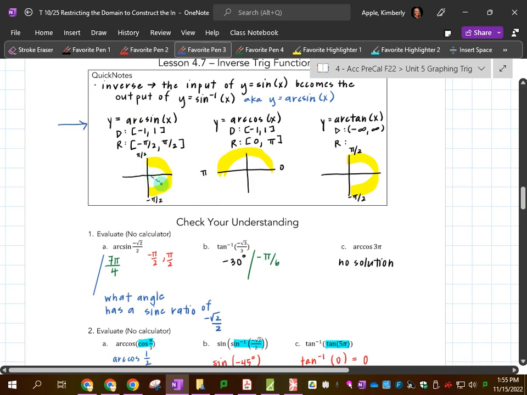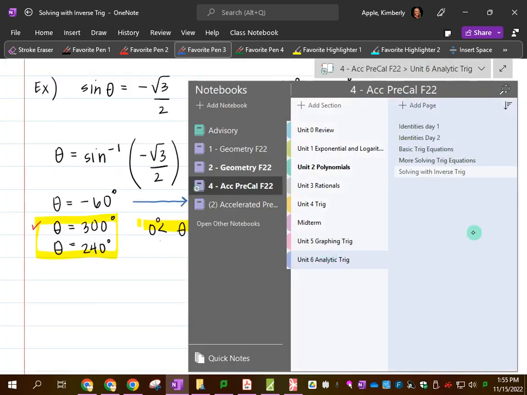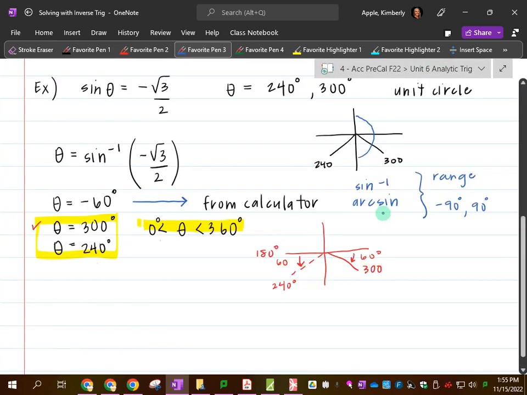So what we just found is the calculator gave me this one, and I had to find this one that was hidden. Okay? So you can imagine, where do you think your calculator is going to spit out inverse cosines? In 1 and 2. And then you're going to have to find the hidden one in 3 and 4. Okay, so that's how we're moving back to what we kind of breezed over previously.